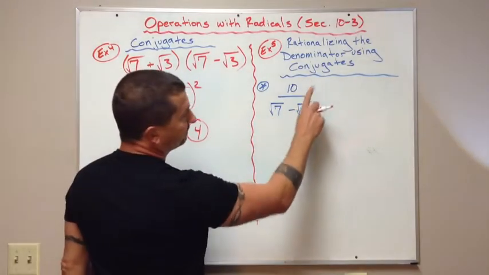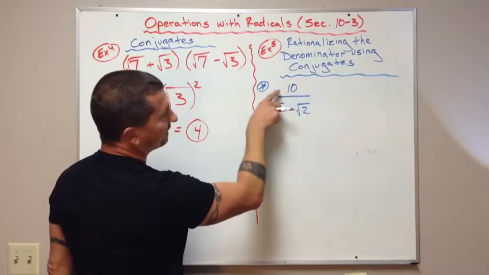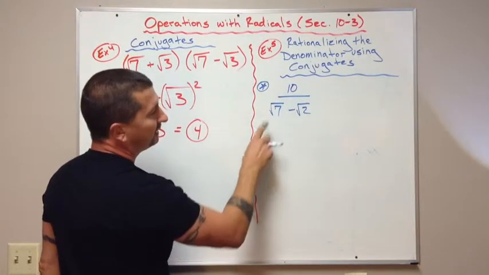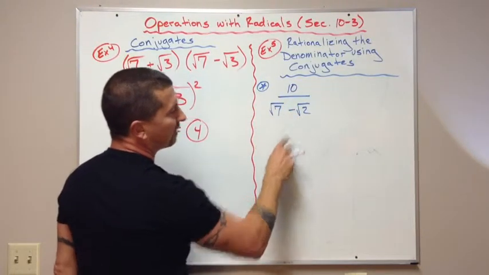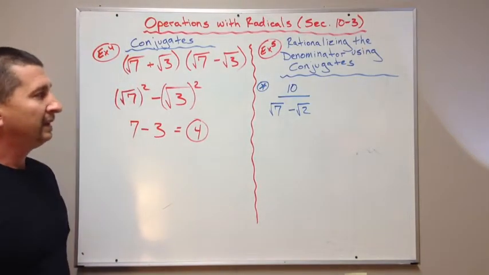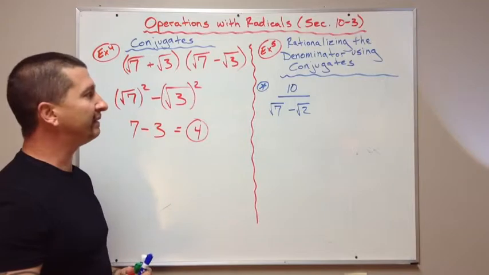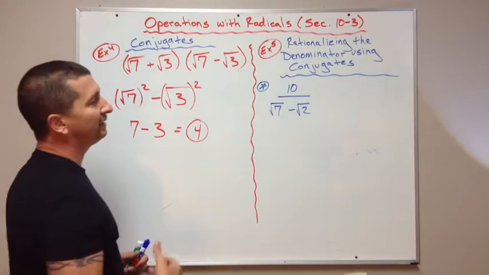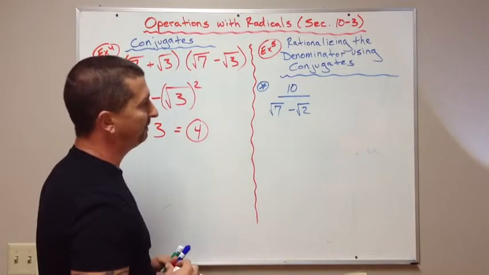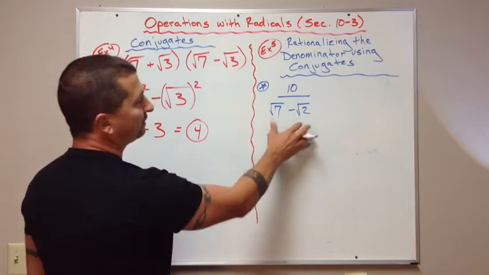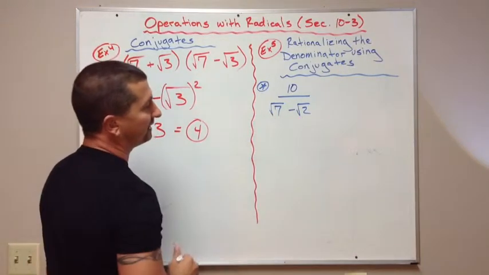So notice that this problem is 10 divided by the square root of 7 minus the square root of 2. Now we cannot have radical signs in the denominator of a fraction and call that fraction simplified. In order to simplify it, we need to get rid of the radical signs.